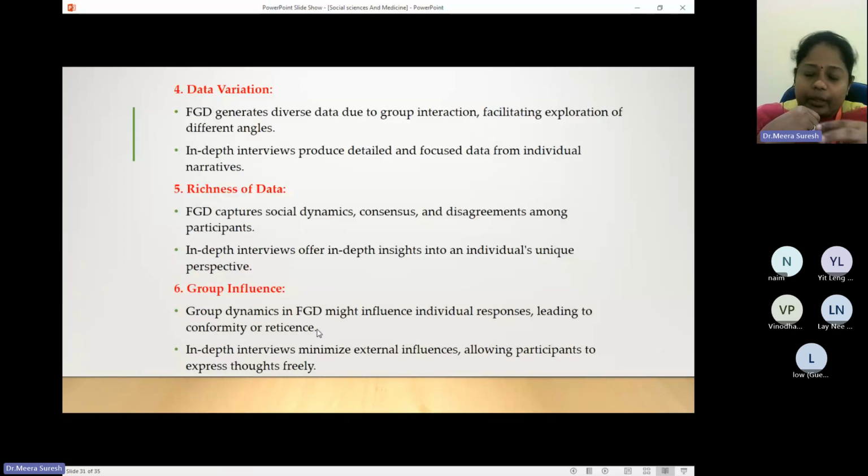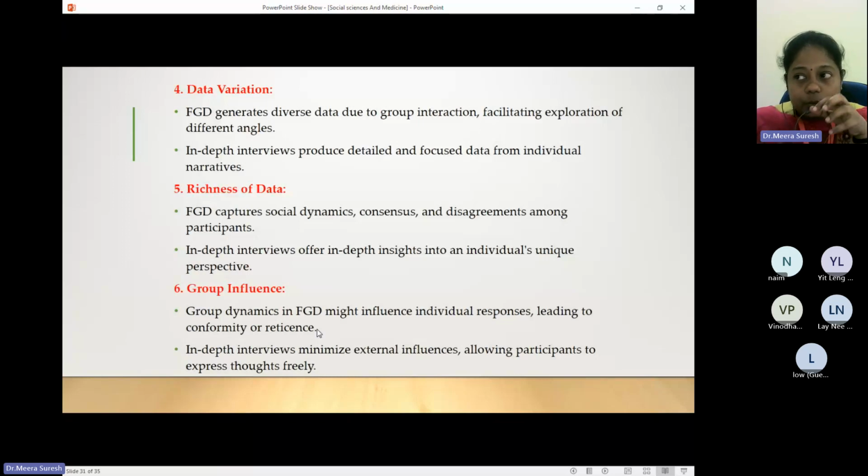Not all four, but just one person opens up saying, okay, I have this issue with that person. So this second person, who was until then keeping it a secret, seeing that the other person is saying it, thinks I can also be open, and they open up. So in a focus group discussion, peer pressure is completely acting. You get influenced by the people who are in the group.